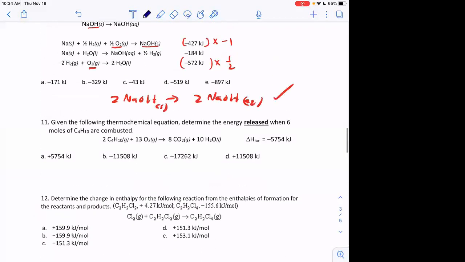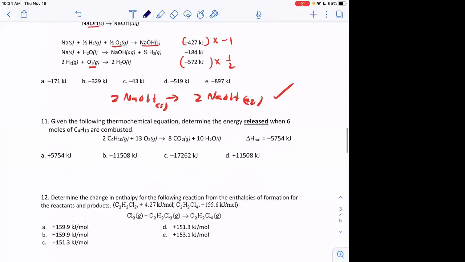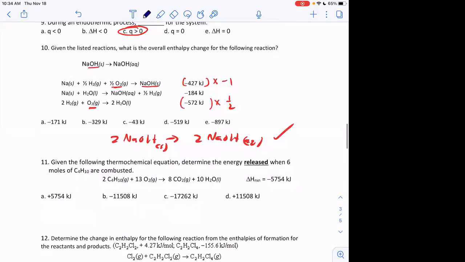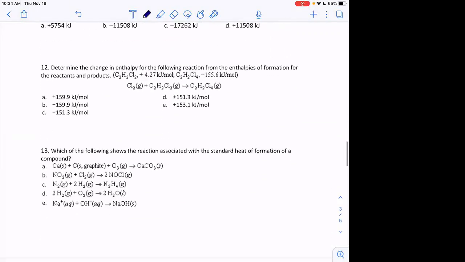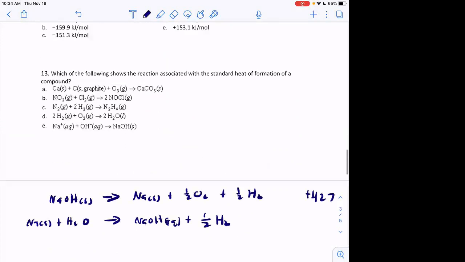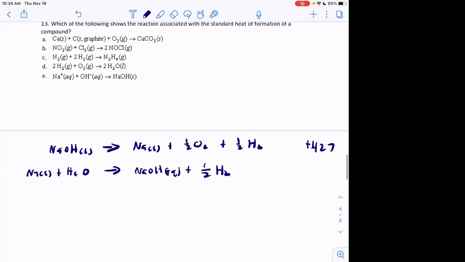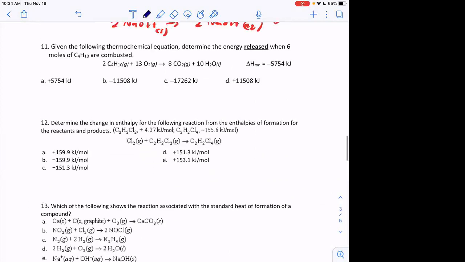Okay. And the last one we multiply by 1/2. Let me write the values too. The first one I'll have a positive 427. The second one we did nothing to, so we still have a negative 184. And the last one we're going to multiply by 1/2.